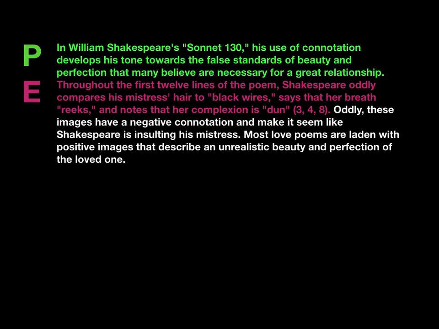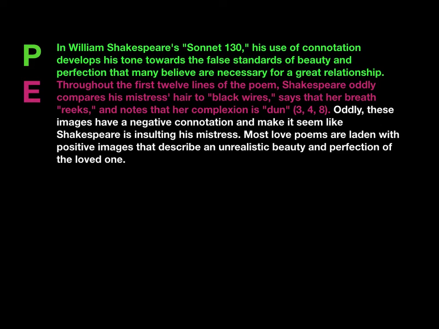My previous sentence makes the statement that it's really his tone toward the false standards of beauty and perfection that many believe are necessary for a great relationship. So for my explanation sentence, I need to make sure that I'm showing that those false standards of beauty are actually false. So I say, oddly, these images have a negative connotation and make it seem like Shakespeare is insulting his mistress.